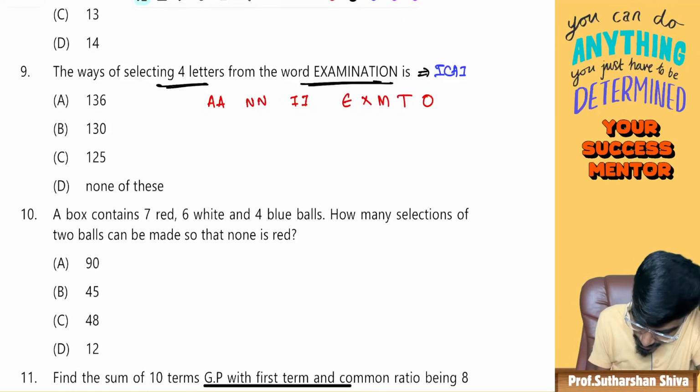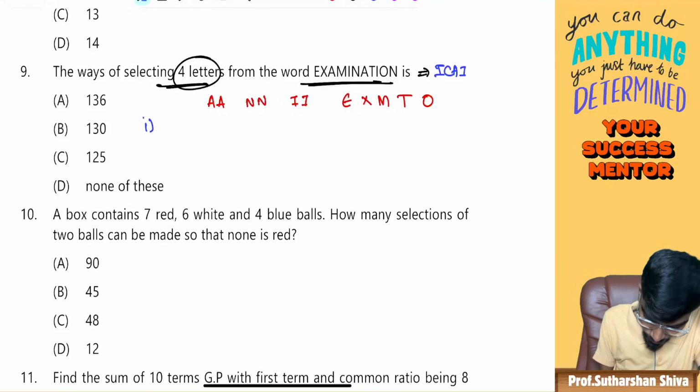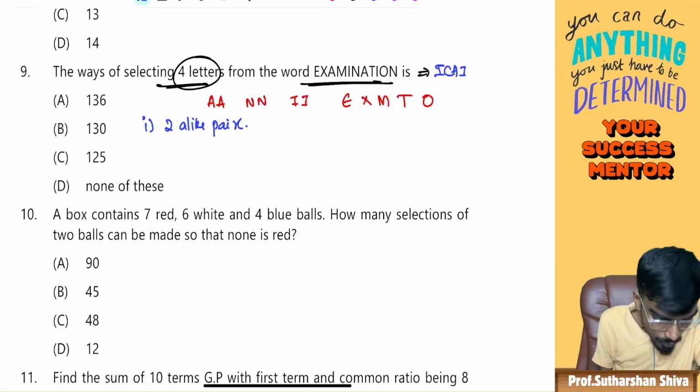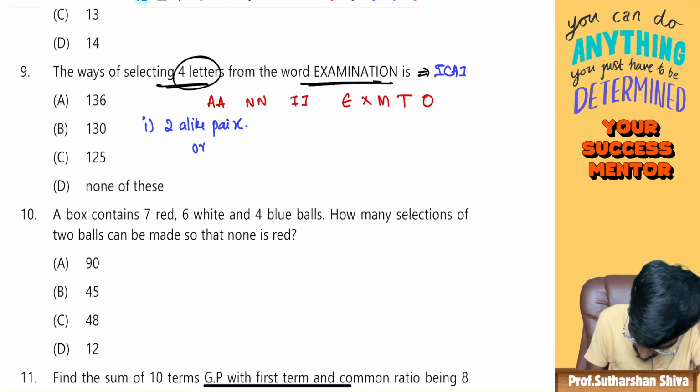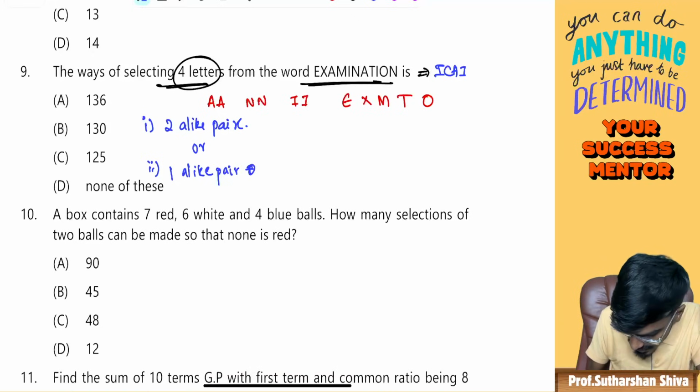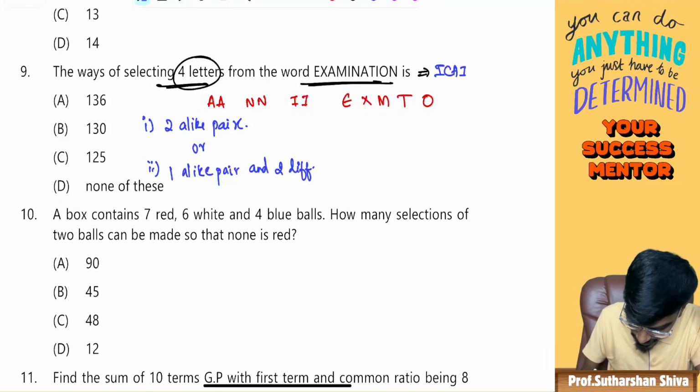Now they are asking for a four-letter word. How can I select the four-letter word? First case, it can be two alike pairs. In my second case, one alike pair plus two different letters, or number 3, all four are different.